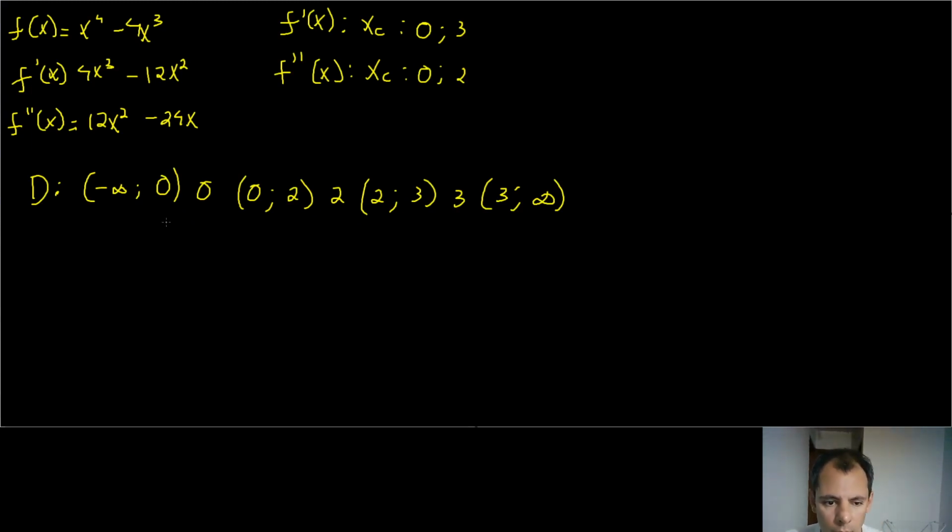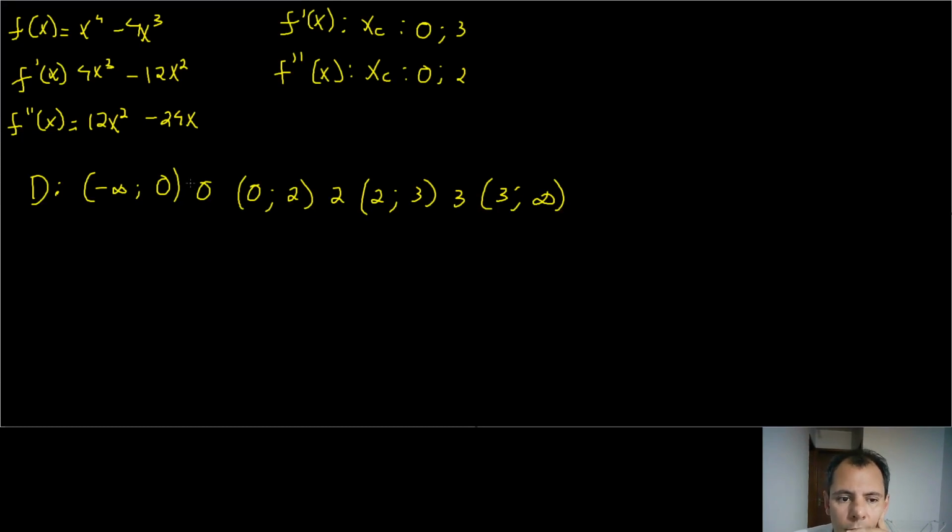Okay, so between minus infinity and 0, let's see, for example, minus 1. The slope in here is not going to be 0, because the first derivative is only 0 at 0 and 3.